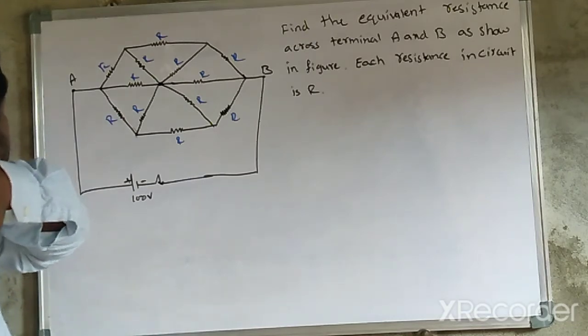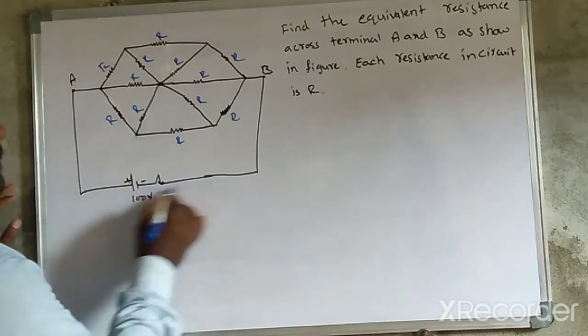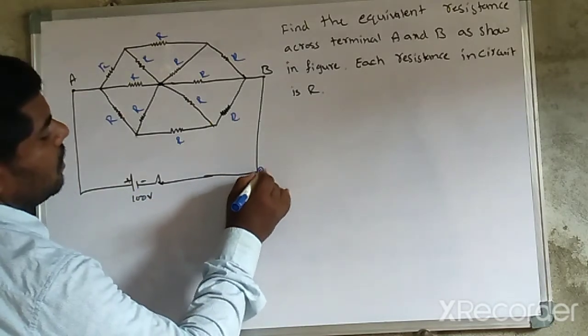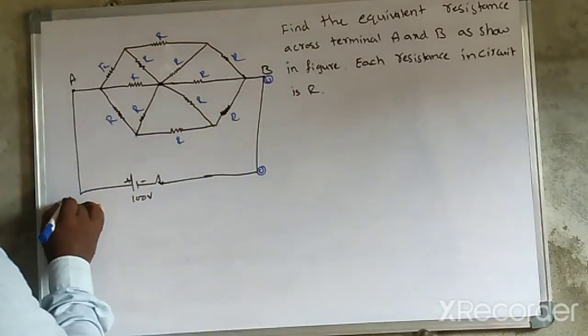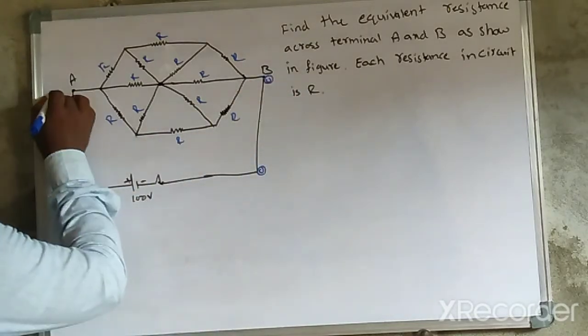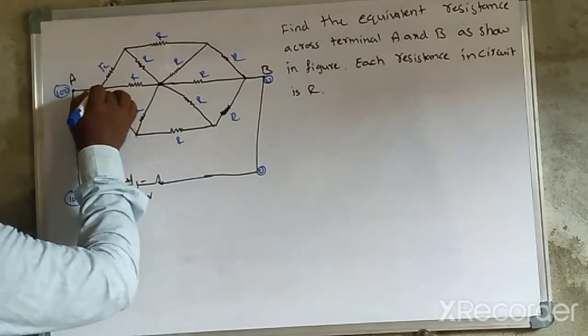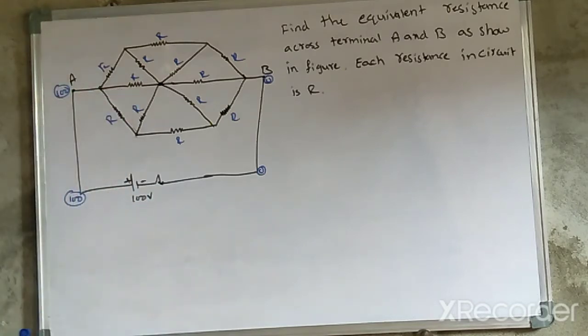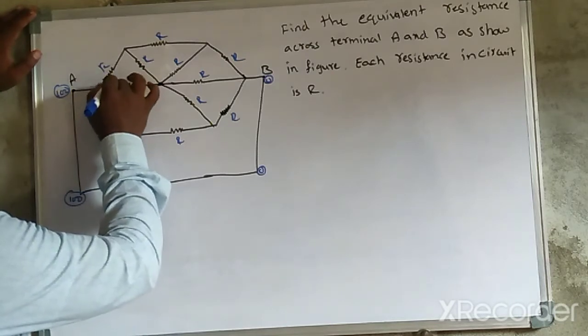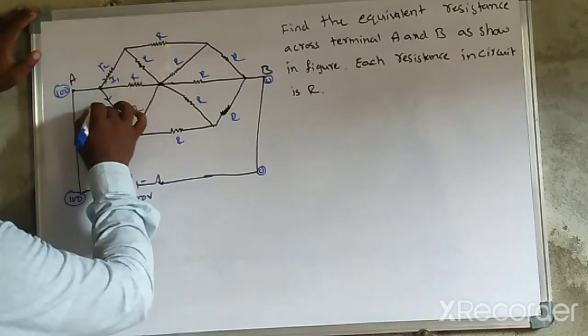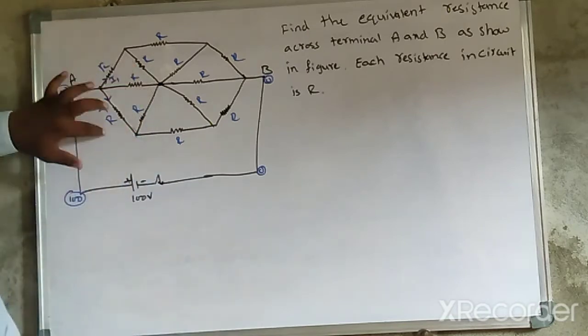So here let us consider the negative terminal. Here the potential we consider 0. Here the potential is completely 100, so here also 100. So after crossing here, this current we consider I1, this current we also consider I1, because these two are symmetric.